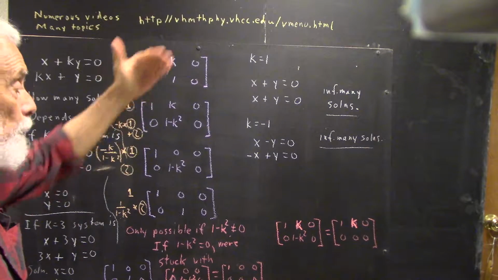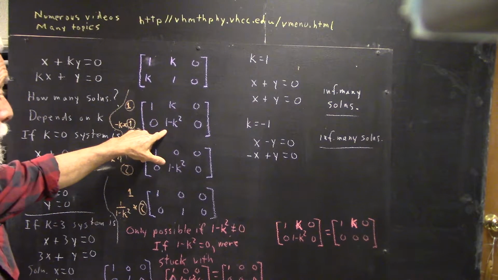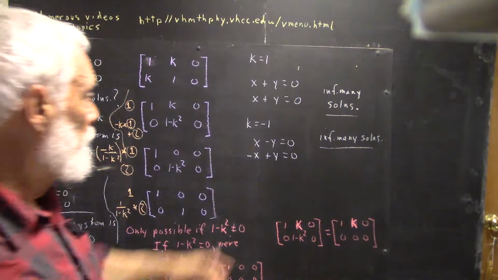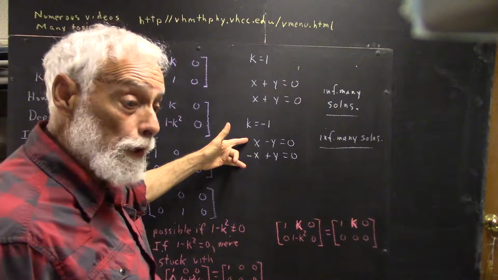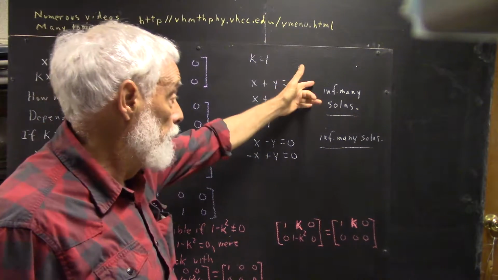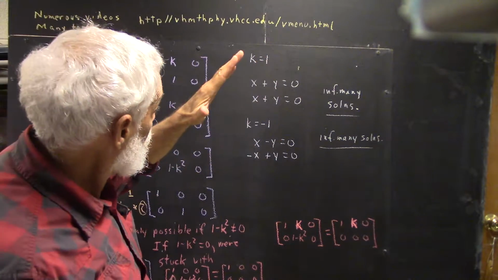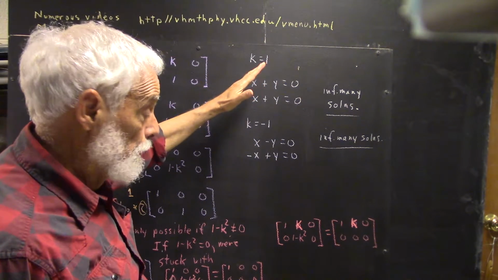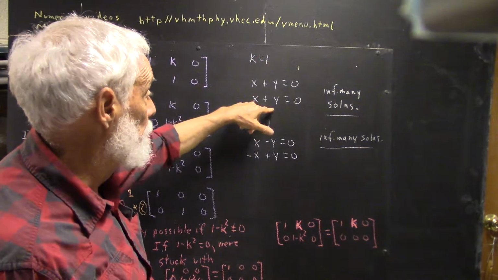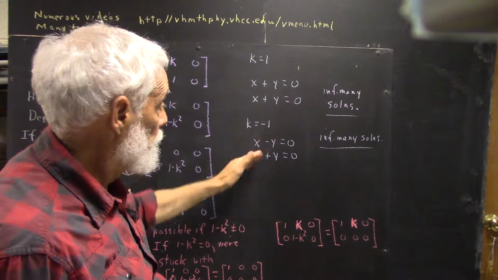If k is 1 or negative 1, 1 minus k squared is 0, and we end up with just essentially one repeated equation, giving us infinitely many solutions. Either y equals x, which would be a graph at 45 degrees in this direction, or, well, this would be y equals negative x, and this would be y equals x.